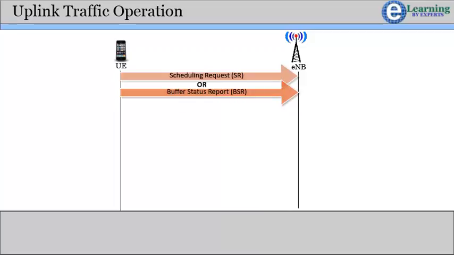The UE will send an SR or BSR on the PUCCH. PUCCH resources are assigned to each UE when transitioning from the RRC idle to RRC connected state. If there is no resource available on the PUCCH to initiate the request, then the UE will start a random access process using the PRACH to obtain an uplink grant.